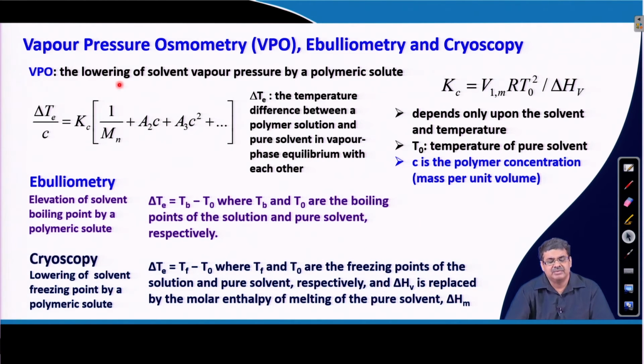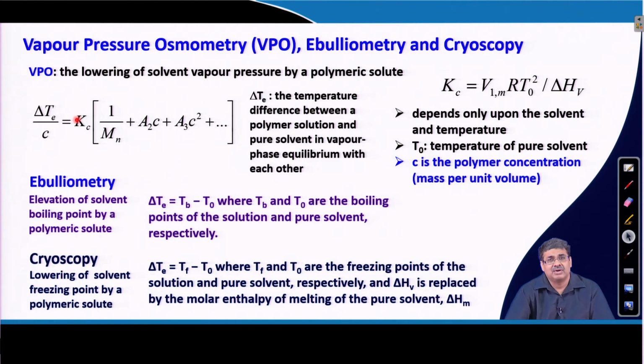So, we can now use these three techniques as well to find out the values of Mn and A2, and these three techniques are actually relative techniques, because to find the value of Kc or the other K values we need to use a polymer of known molecular weight.